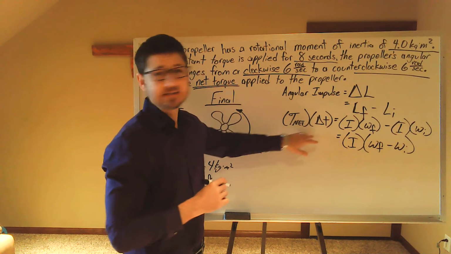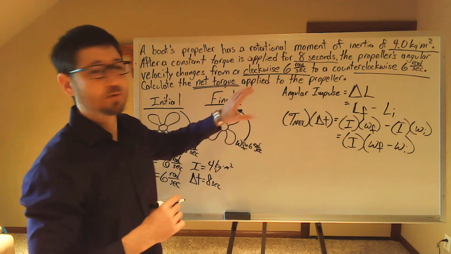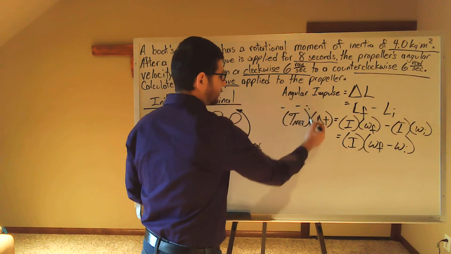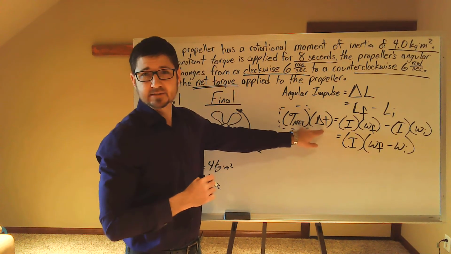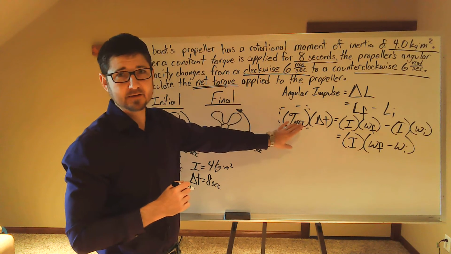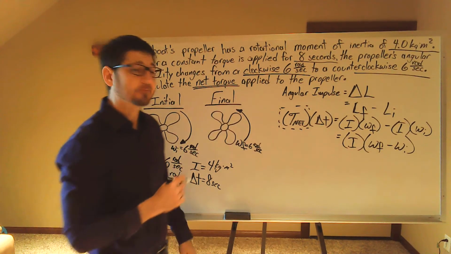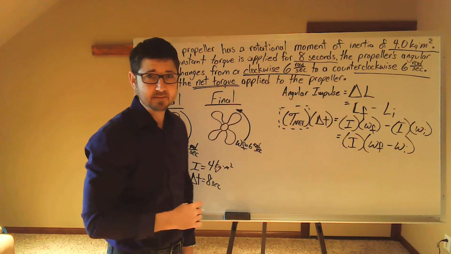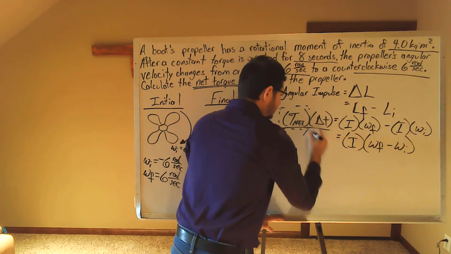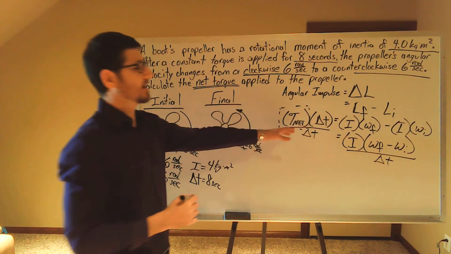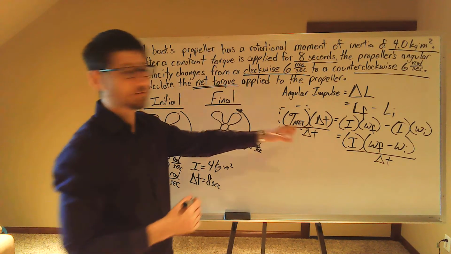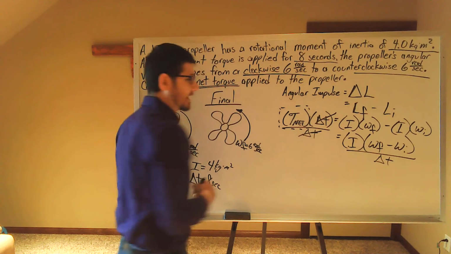Now on the left-hand side of the equal sign, our unknown in the problem is net torque applied to the boat propeller. We know delta T, so we need to isolate the net torque. I'm going to do that by dividing both sides of the equal sign by delta T. So on the left side of the equal sign, our time interval of applied torque cancels.